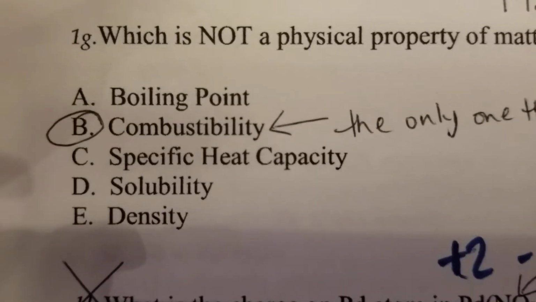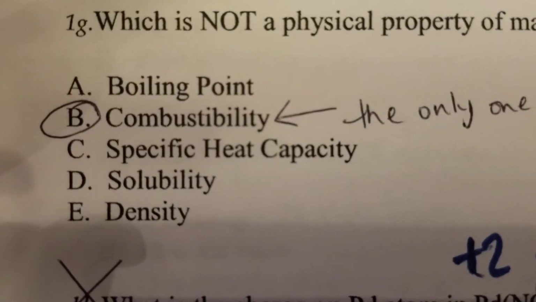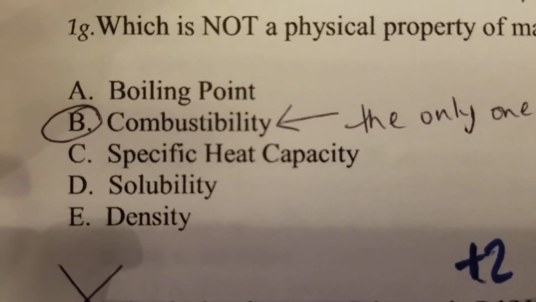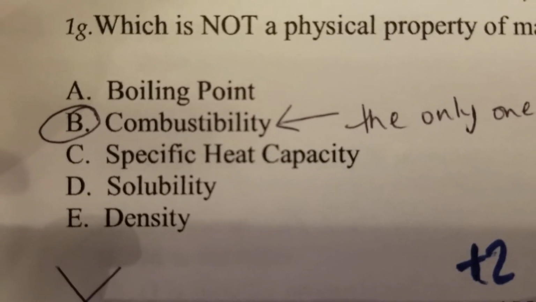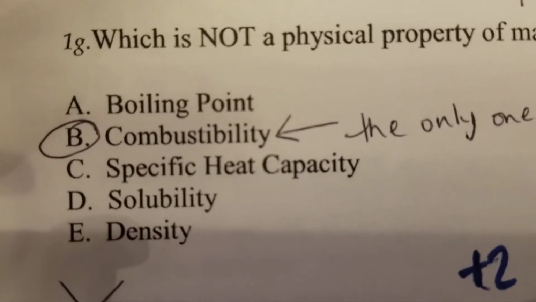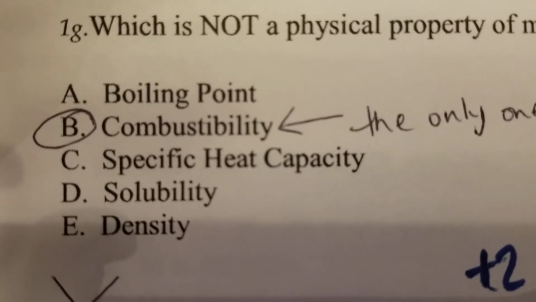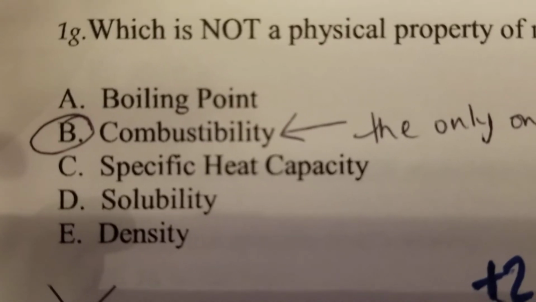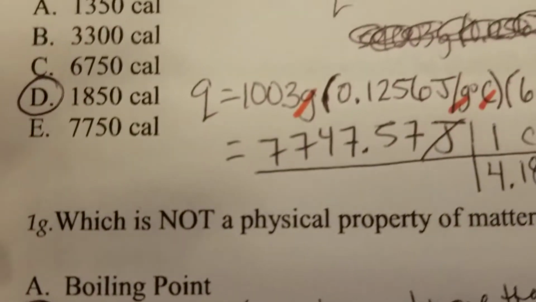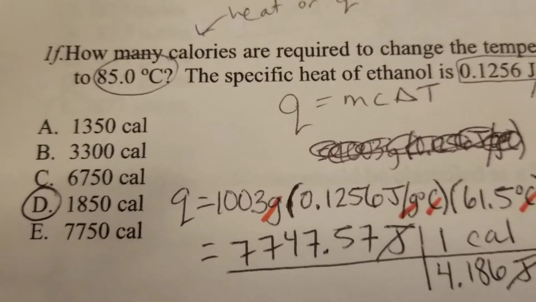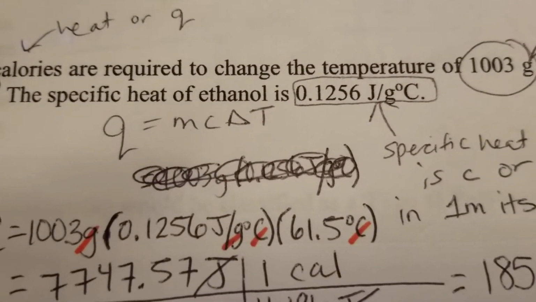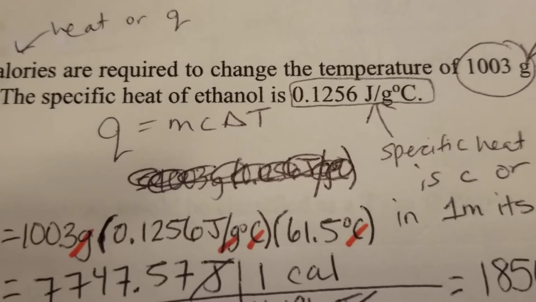Okay? And so the other ones, though, they don't change a substance. Like boiling point, if you boil something, it's still going to be the same substance. It's just going to boil. C, specific heat capacity. The specific heat capacity is the value of a substance that's always the same. It doesn't change. For example, if you look at this problem right here, right above it, which we'll talk about in another video, it tells you that the specific heat of ethanol is 0.1256.